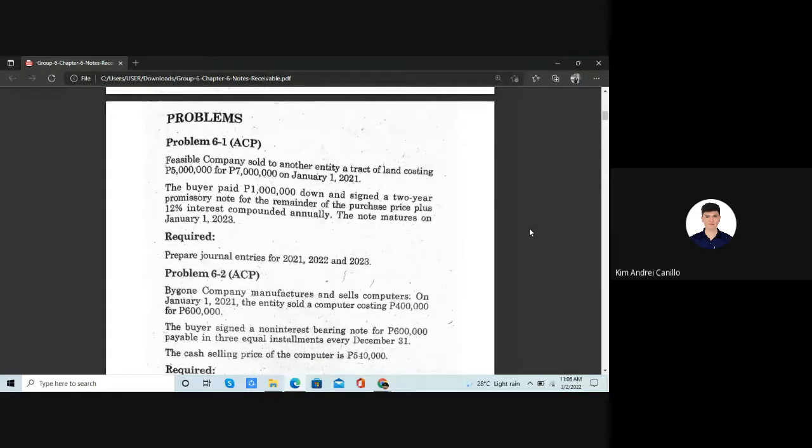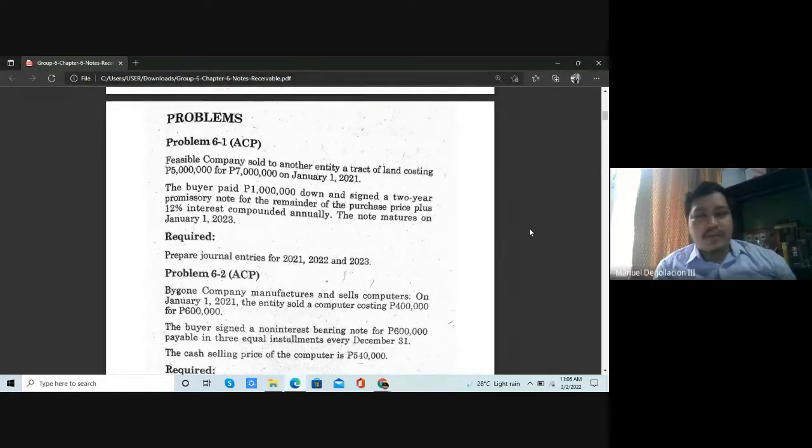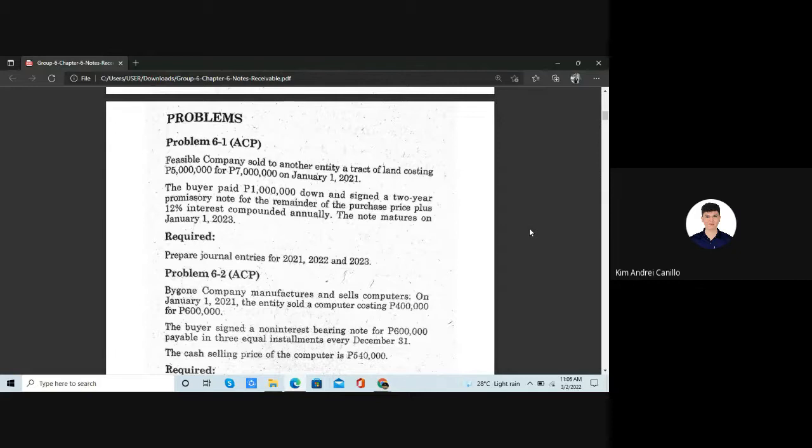Then accrued interest receivable, you tell us debit or credit. So again, for 2021, debit 1 million cash, then debit 6 million notes receivable, credit 5 million land, then credit gain on sale 2 million.